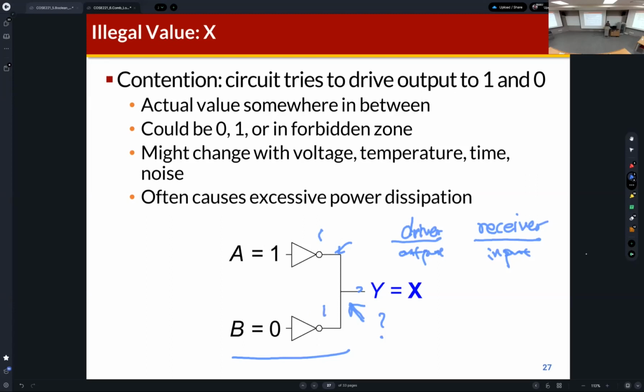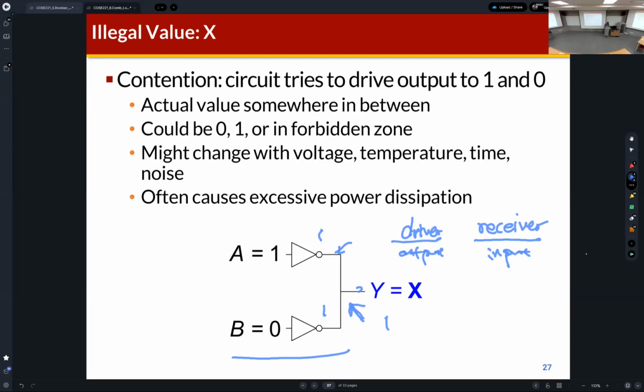We don't know. If this NOT gate generates 1, then we can say that this is 1, because this NOT gate generates the VDD voltage and drives the VDD voltage to the output wire. If the value is the same, then this wire also becomes 1, VDD.